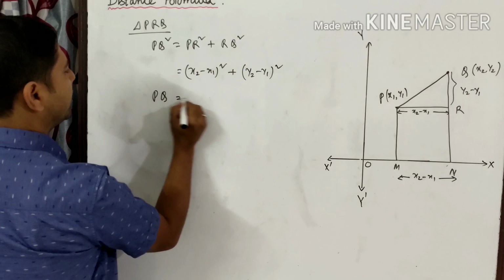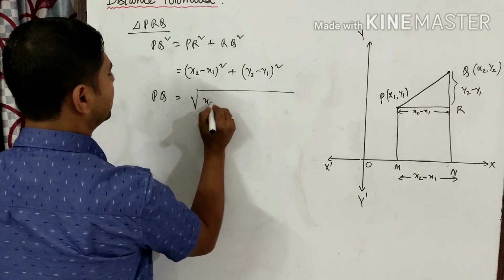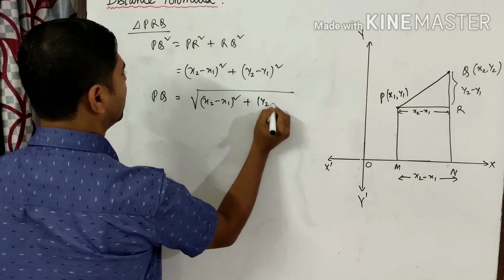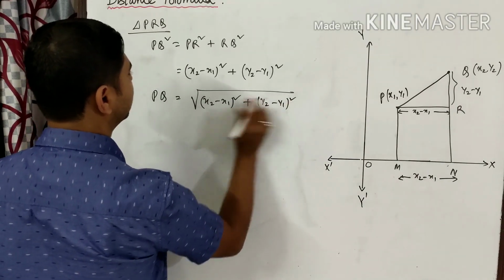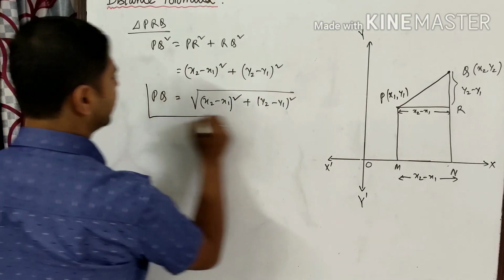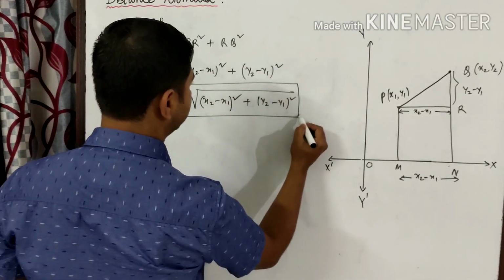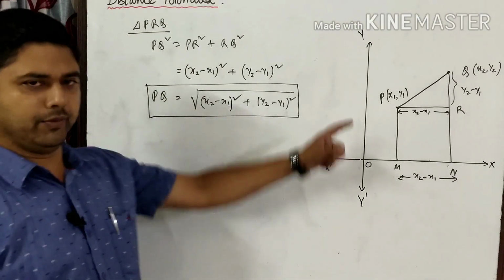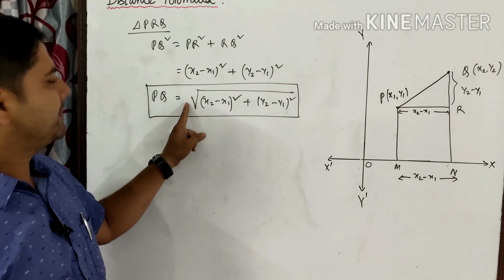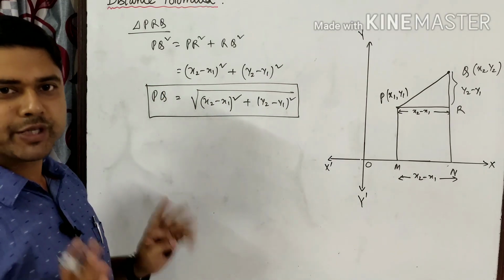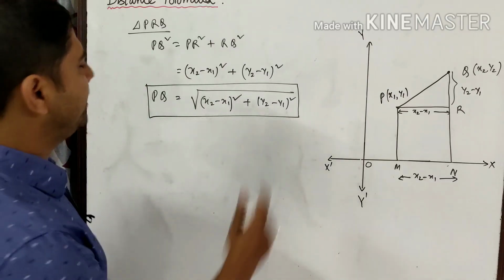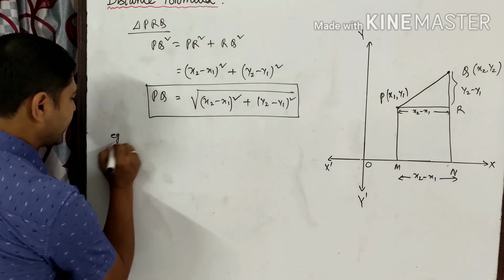Therefore PQ equals root over x2 minus x1 whole square plus y2 minus y1 whole square. With the help of this result you can find the distance between these two points P and Q. We do not write plus minus because the length is always positive, therefore we consider the positive sign. Clear?